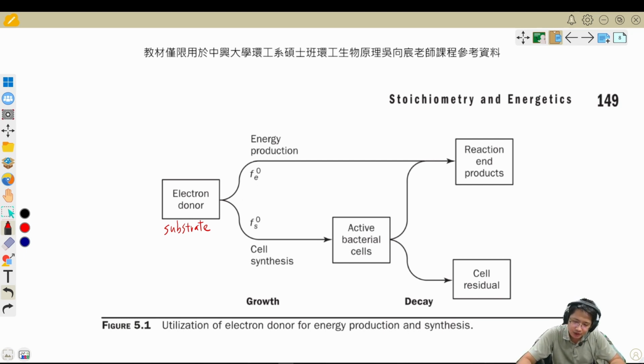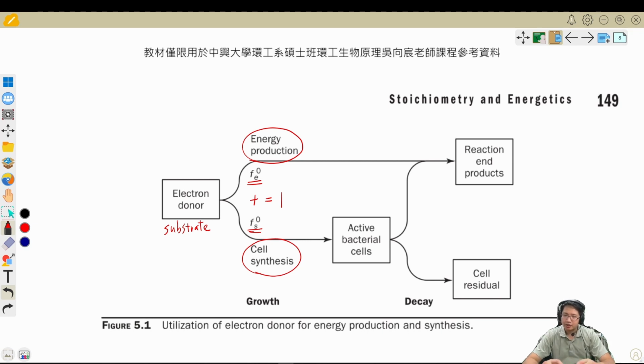One is for energy production, which we call fe0. Another part is used for cell synthesis, so we use fs0 as its symbol. Those two combined equal 1, which means you don't have any other electrons going to additional reactions.